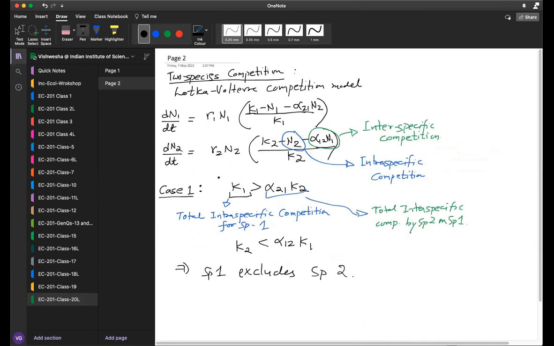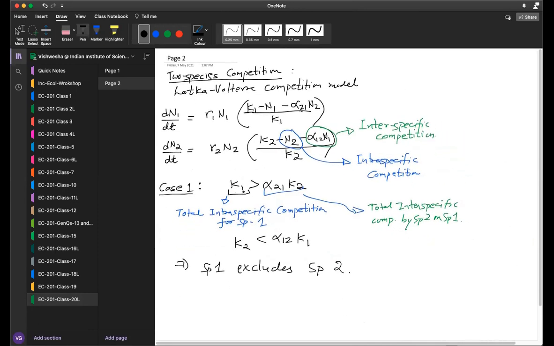Now an alternative way of thinking about this is as follows. How do we think about these 2 conditions entirely differently? Consider the scenario, let's think of the species 1 perspective. What is the worst scenario for species 1? The system currently has only species 2.